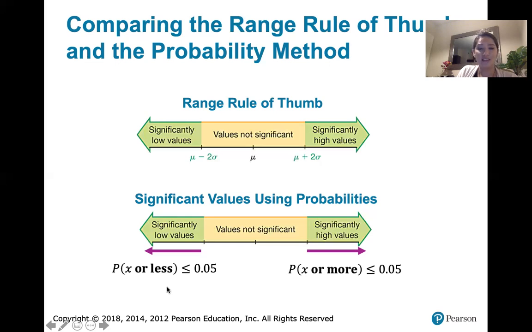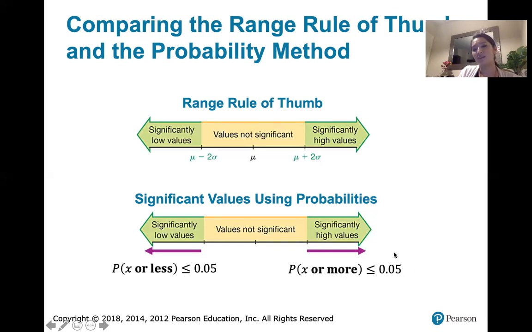Or on the low end, when we're talking about X successes, we want the probability of getting X successes or fewer to be less than 5% in order for us to call that a significantly low number of successes or a significantly high number of successes.